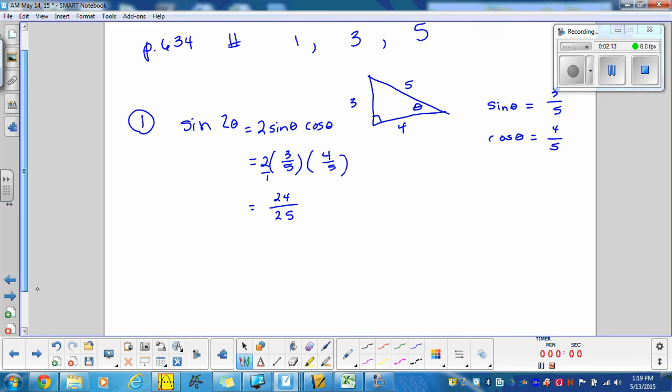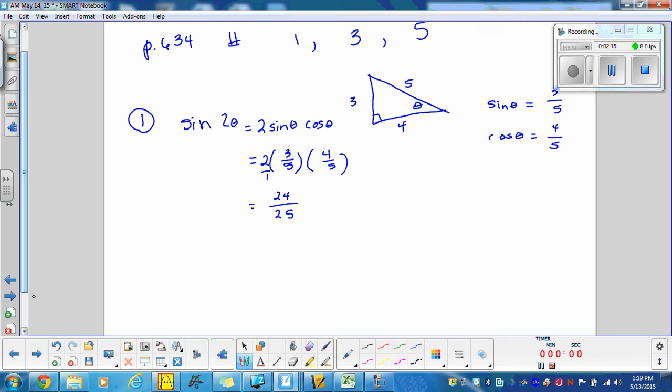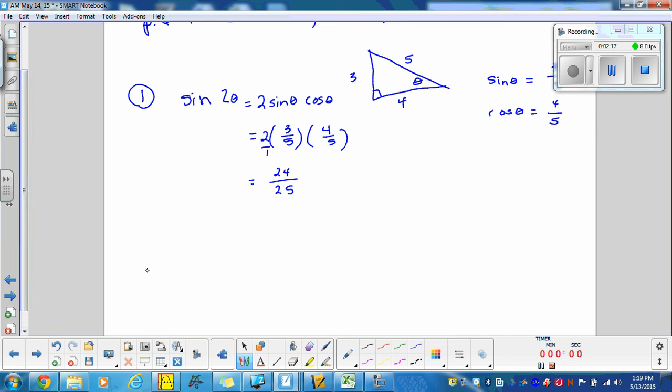Okay, you can stop the video now and do number 2, or you can go on to number 3 and do number 2 at the end. So here is number 3. We're looking at the same triangle up here, and this time they ask us for the tangent of 2 theta.